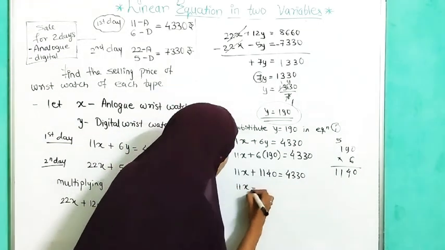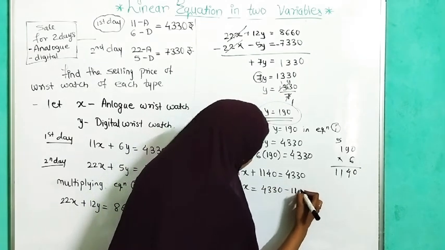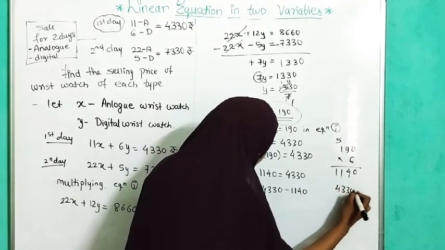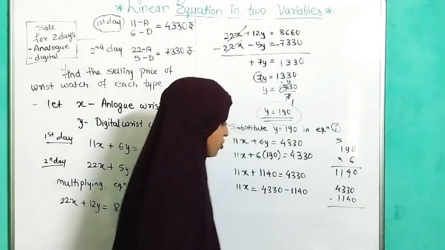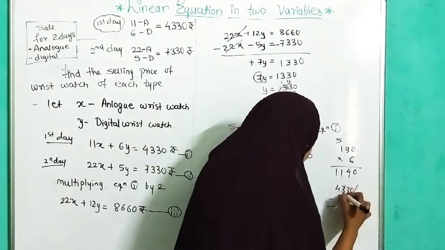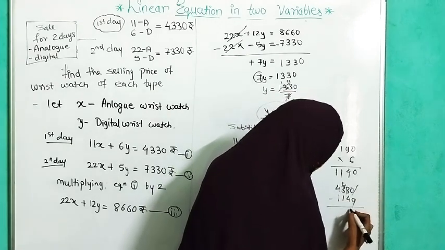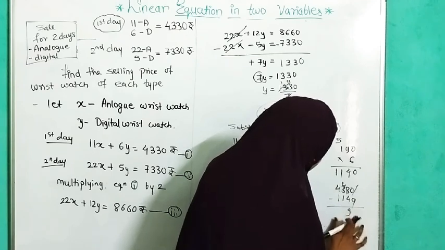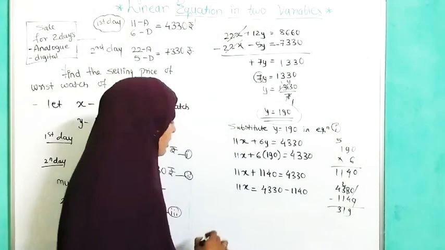Then 11x is equal to 4,330 minus 1,140. Then 4,330 minus 1,140: 0, 0 cancel. We take here 13 minus 4 is equal to 9 and 2 minus 1, 3,190.